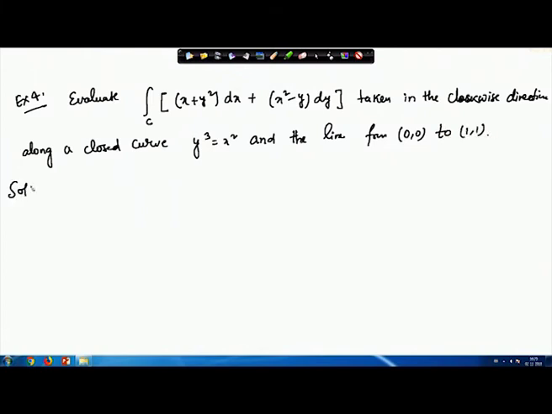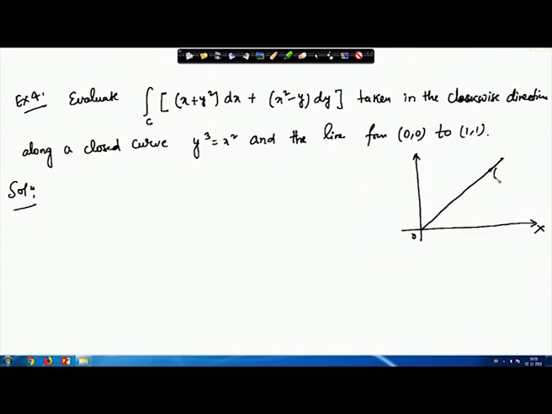So first of all, we have a closed curve between this curve and the line. Let us first draw the curve.